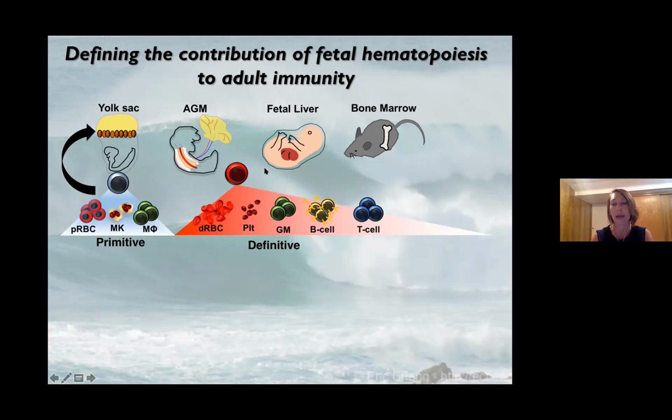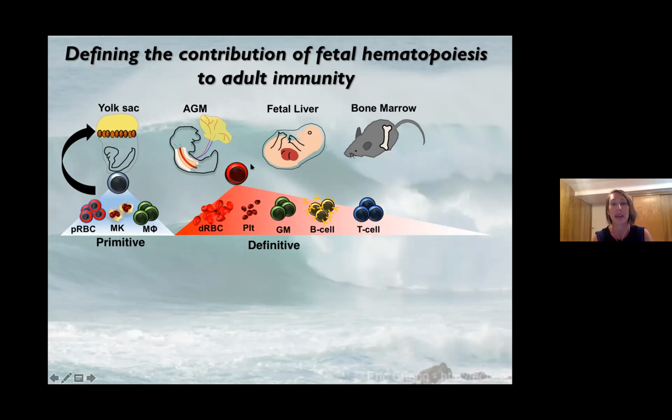These definitive hematopoietic stem cells are also capable of being isolated at a single cell level from the very early embryo and transplanted into an irradiated or conditioned adult recipient. And this single cell from the mid-gestation embryo can reconstitute the entire blood system of the adult. And it is on the basis of this gold standard transplantation assay that we've typically thought of these definitive hematopoietic stem cells that arise in mid-gestation to be the precursor of adult HSCs.